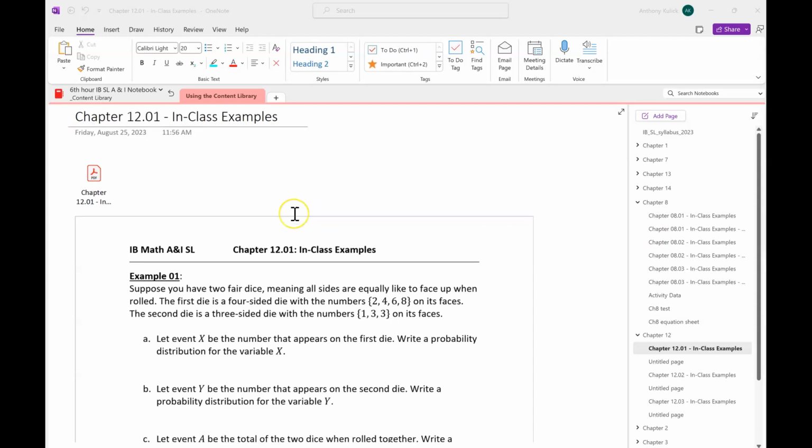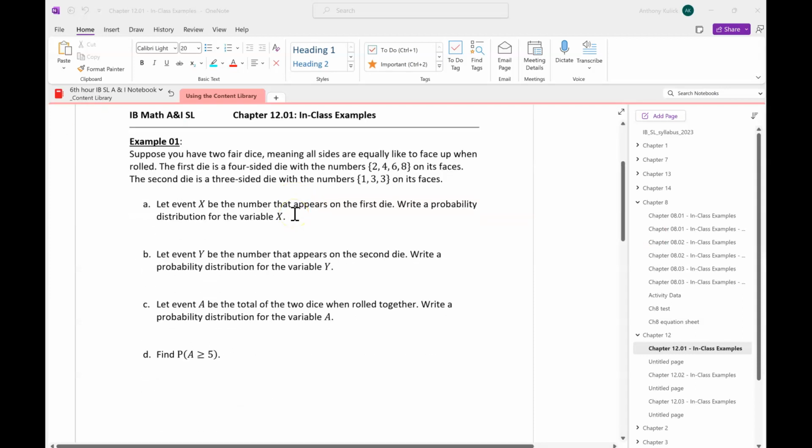The first random draw name is Isaac. We're looking at 12.1, example 1, part A. It says, suppose you have two fair dice, meaning all sides are equally likely to face up when the die is rolled.